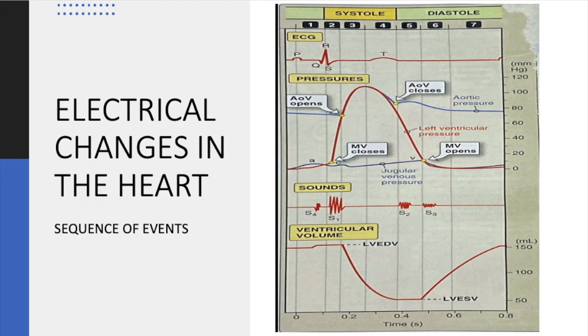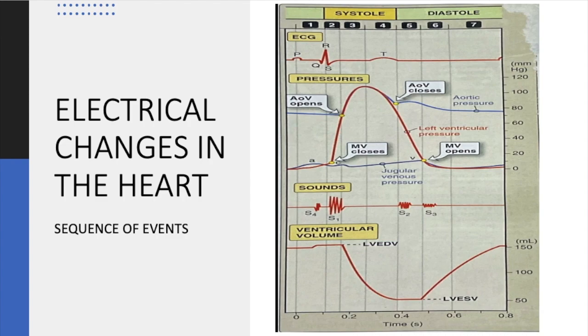The cardiac cycle can be divided into several discrete phases, and it begins with the atrial systole, which pushes the blood forward into the ventricles and completes preloading. Now after the atrial systole, there is ventricular systole. In other words, the ventricular systole follows the atrial systole.